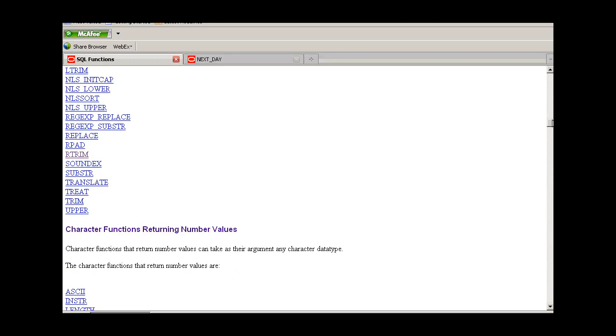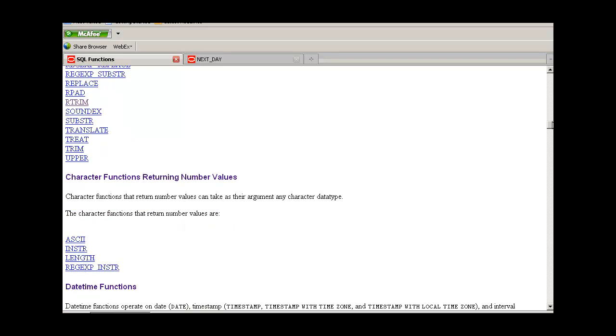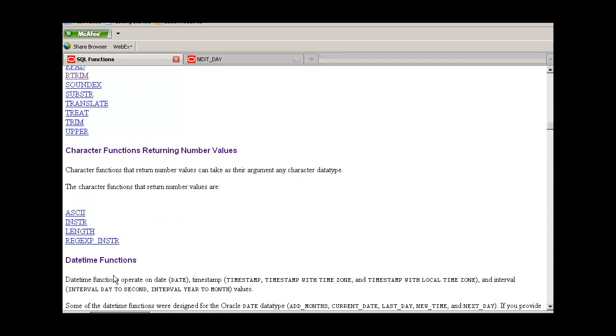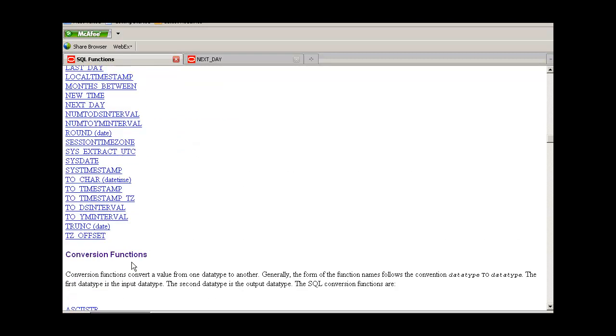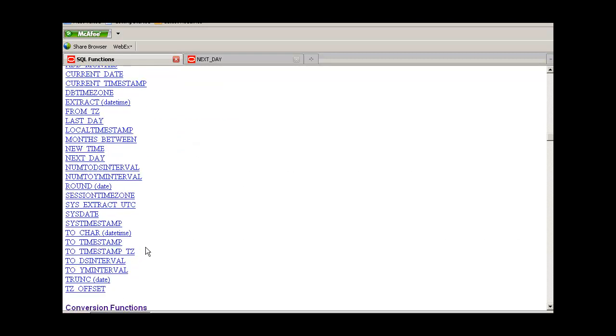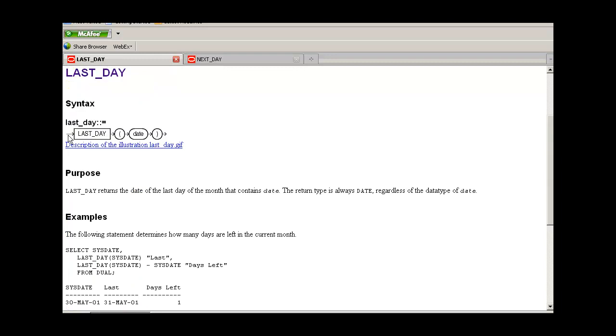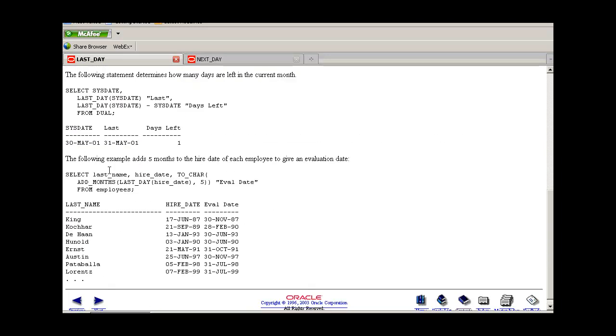If I know today's date, I can figure out the last day of this month. Fortunately, you go to date time functions and see. In date time functions, there is a function called LAST_DAY, right? So basically it says that if I do LAST_DAY of this date, then it is going to give me the last date of this month.